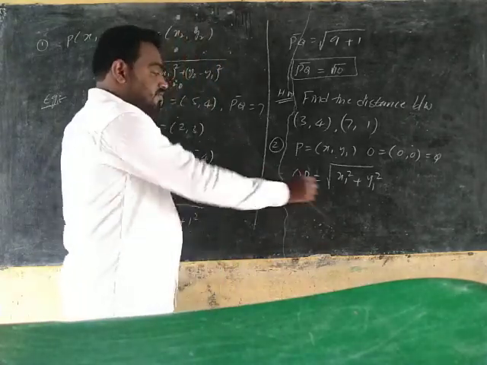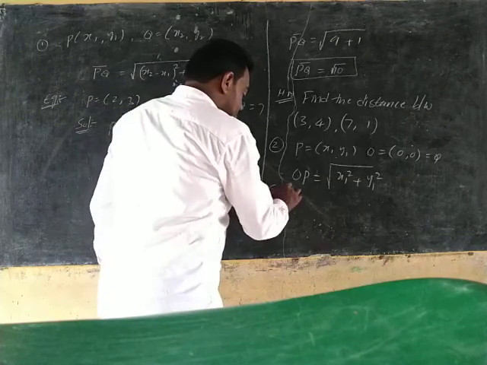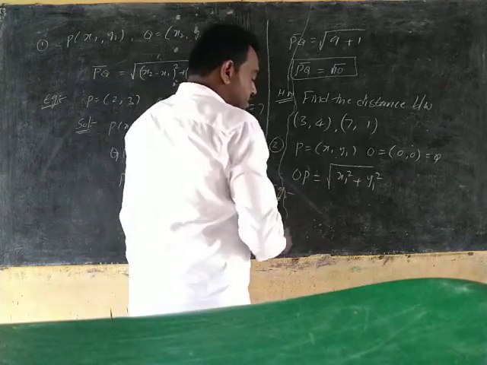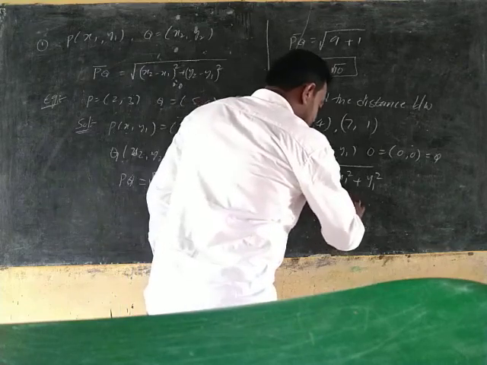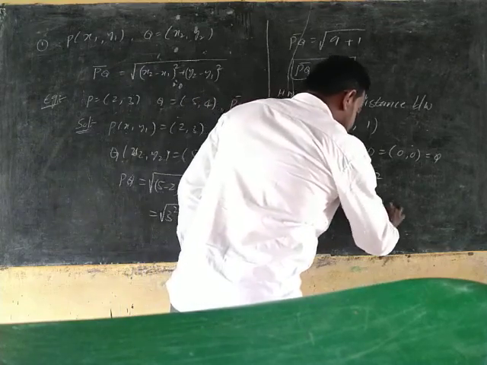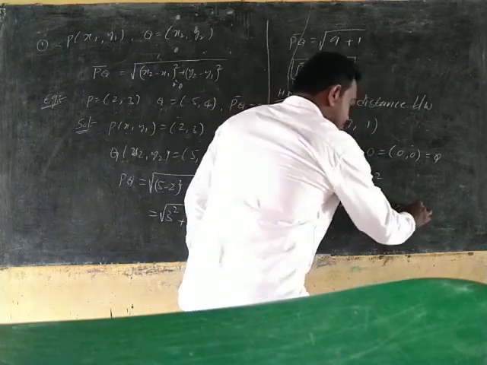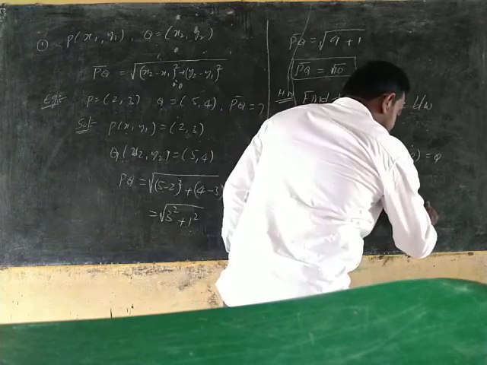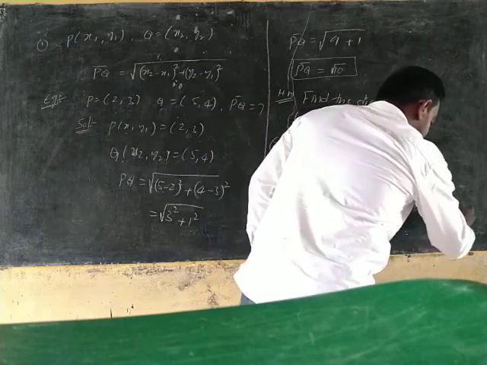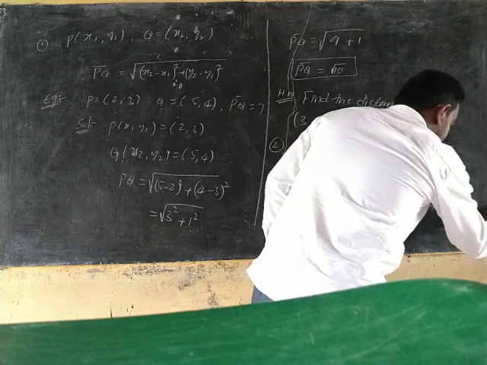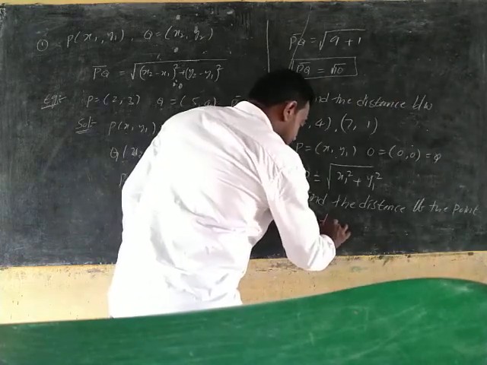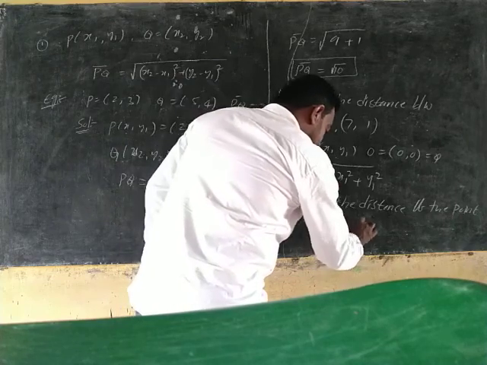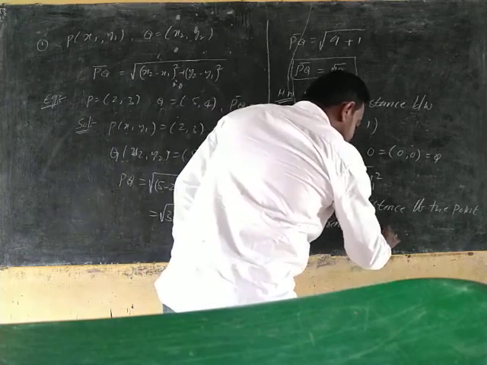Now you see one example. Find the distance of the point (3, 4) from the origin. This is the question.